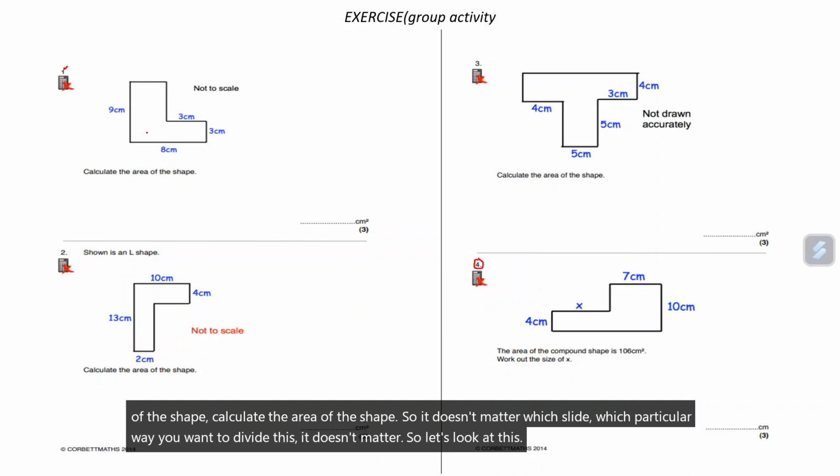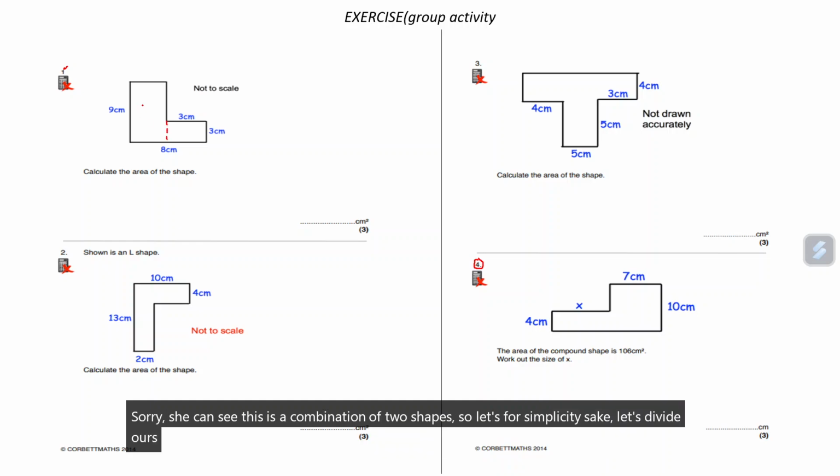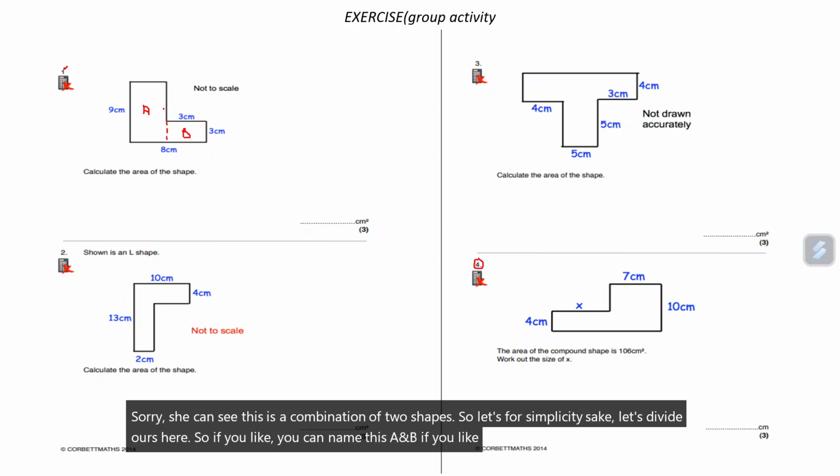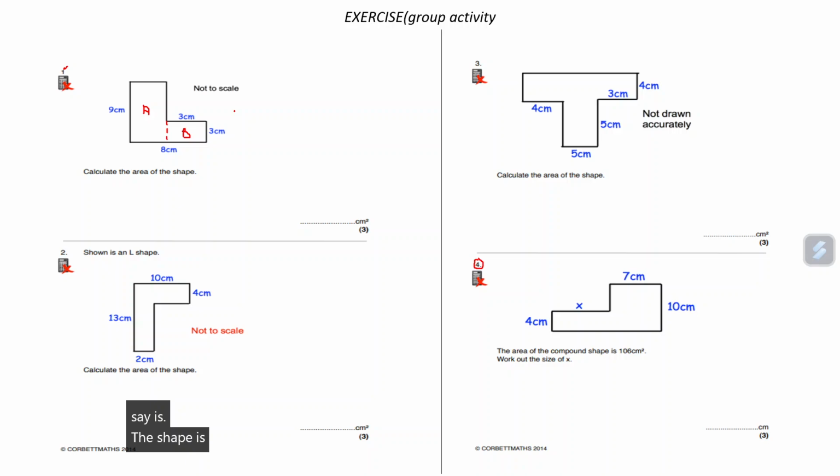So as you can see, this is a combination of two shapes. For simplicity's sake, let's divide it here. If you like, you can name this A and B. Remember, this is a rectangle, though not a perfect one, not to scale. What they are trying to say is the shape is not a perfect one.